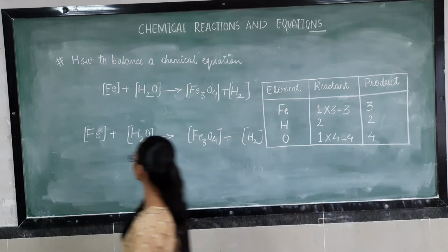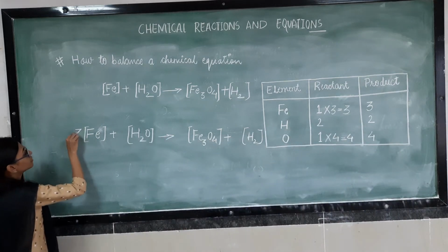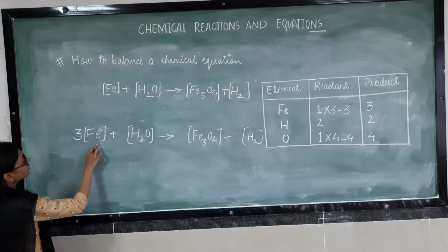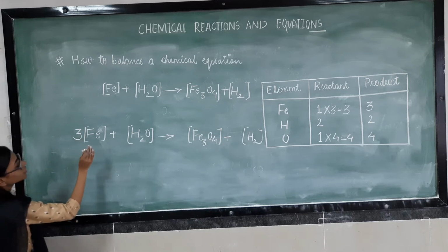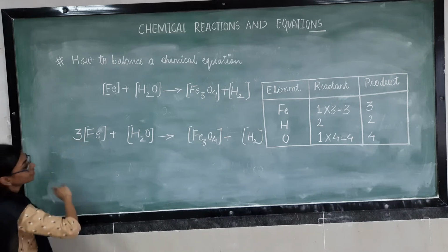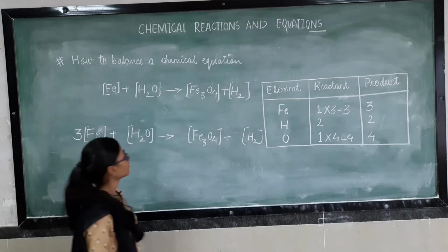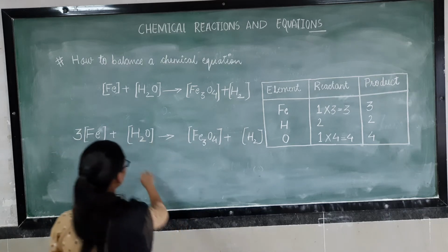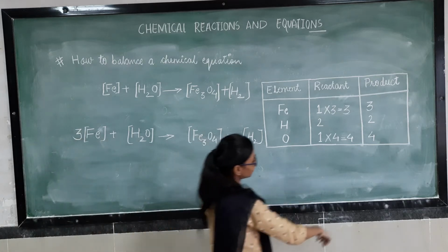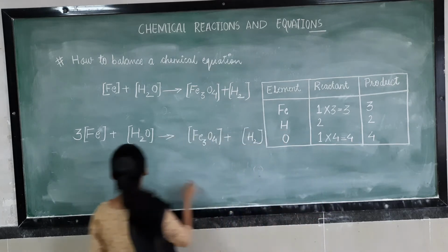So with Fe we will write 3 here, so it gets multiplied with it. So we now have in the reactant side 3 atoms of Fe. Then H2O is balanced but oxygen is not balanced, so this 4 we will write this side.